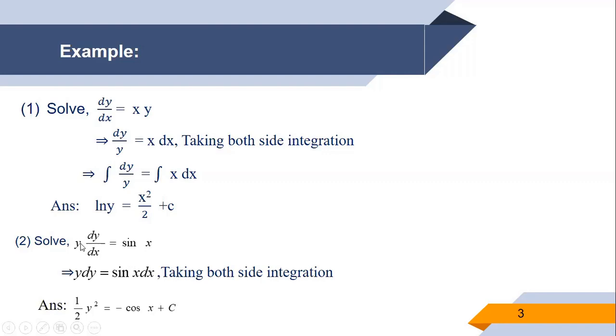So y dy is equal to sin x dx. So left hand side depends only on y, right hand side depends only on x. Taking both side integration, we get integration y dy is equal to integration sin x dx. We get y square by 2 is equal to, integration of sin is minus cos x, plus constant c. So this is the required solution.